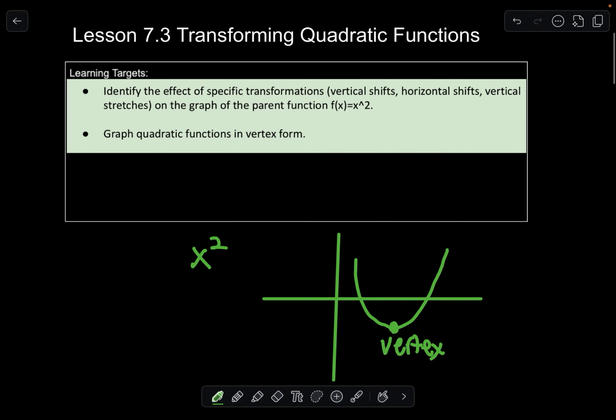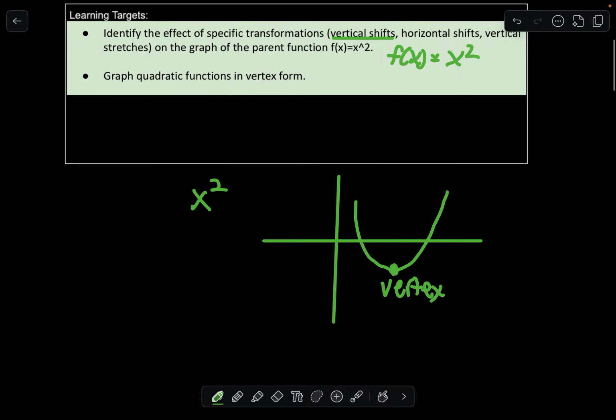So we're going to identify the effect of specific transformations, vertical shifts, horizontal shifts, and vertical stretches, on the graph of the parent function f of x equals x squared. And then we're going to graph the quadratic function in vertex form, which is the easiest form of the quadratic to graph.